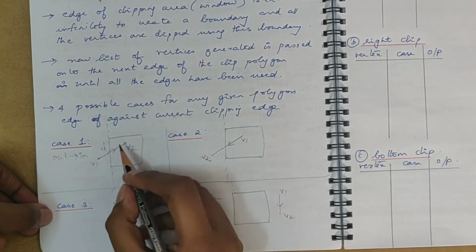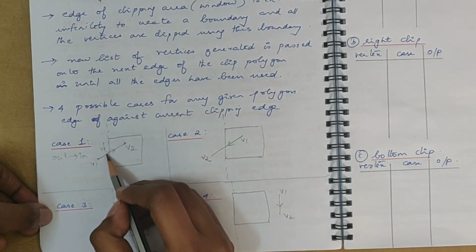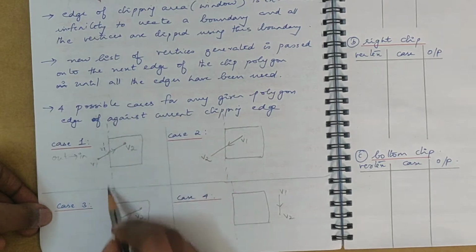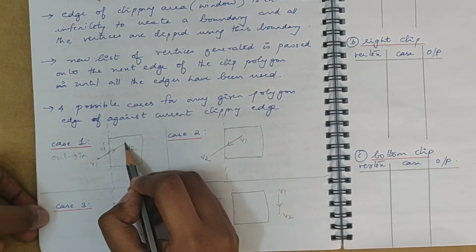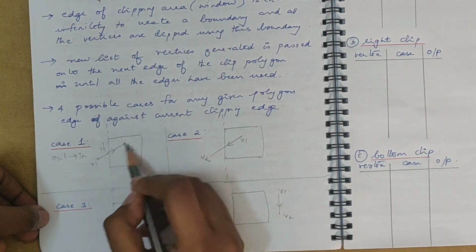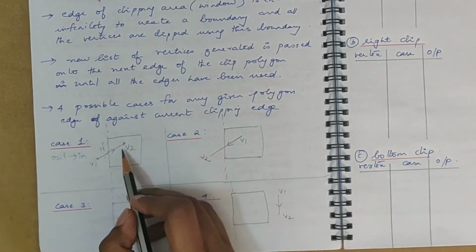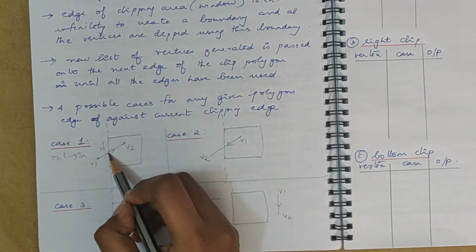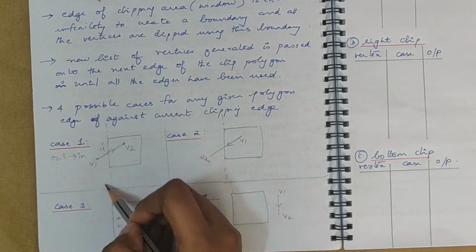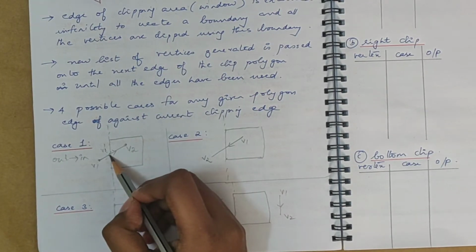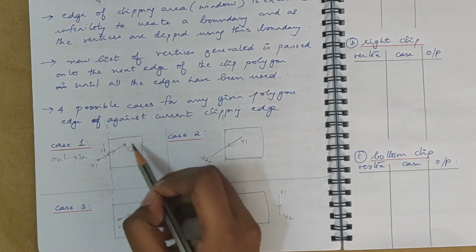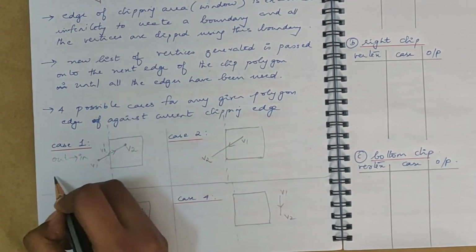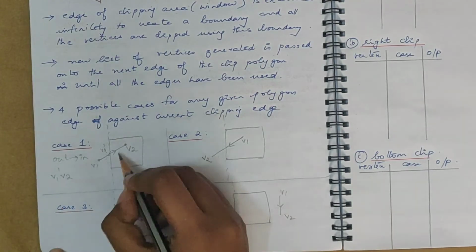When you have such a case, the point of intersection of the edge with the clipping boundary and the second vertex will be added to the output list. Whenever you are clipping an edge, you will be generating an output list. Here, you will add V1 dash and V2 to the output list.